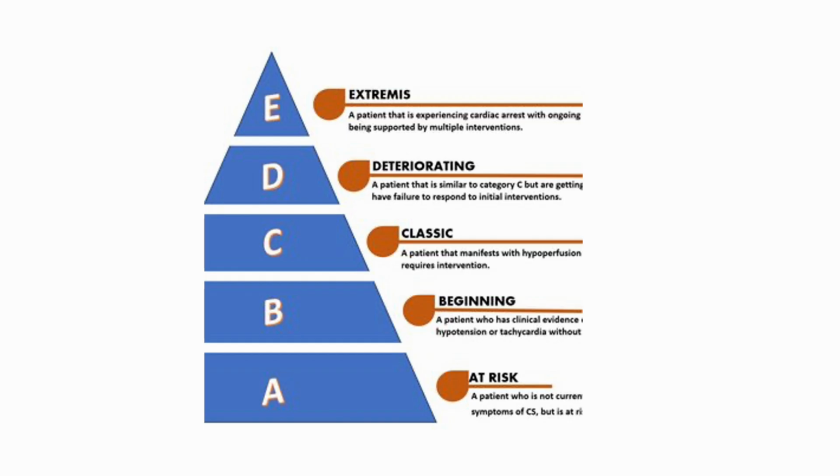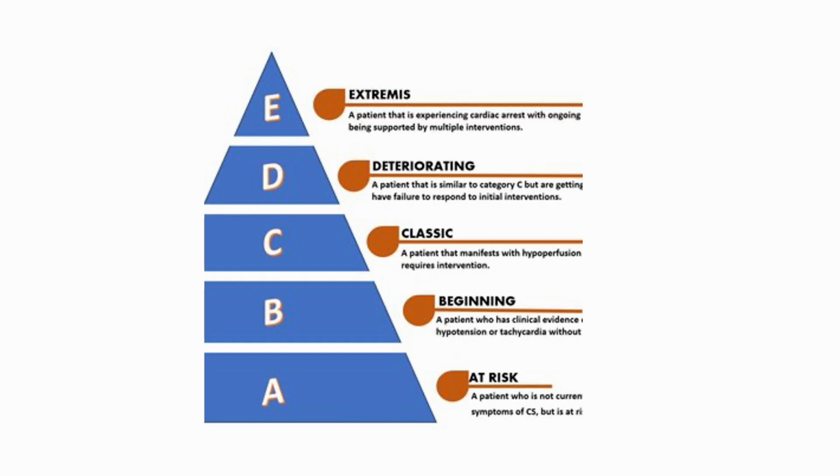B is the beginning, and it's a patient with clinical evidence such as hypotension and tachycardia without evidence of organ failure. C is our classic, and this is a patient that manifests with hypoperfusion that requires initial intervention.